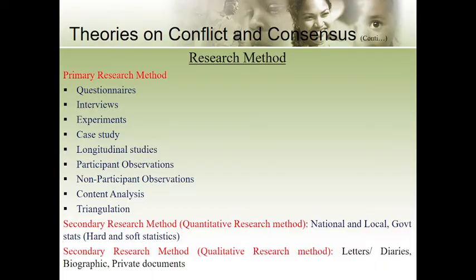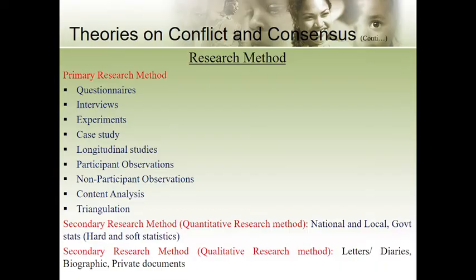If we discuss the difference between primary research and secondary research, in primary research the data you have to collect yourself, while in the secondary method you already have data in the form of publications. If you want some data, you can go through the websites, but in primary research you have to collect the data by yourself.